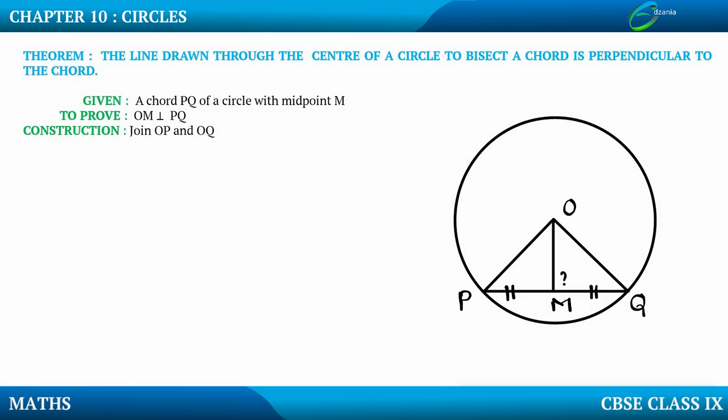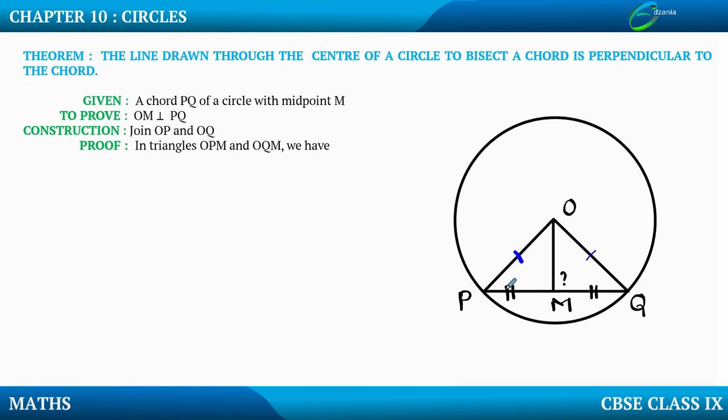Again to begin the proof, we'll consider the two triangles, triangle OMP and triangle OMQ, or triangle OPM and triangle OQM. So let me try to prove the two triangles congruent. First of all I can say in triangle OPM and triangle OQM, I have OP is equal to OQ because both are radii of the same circle.